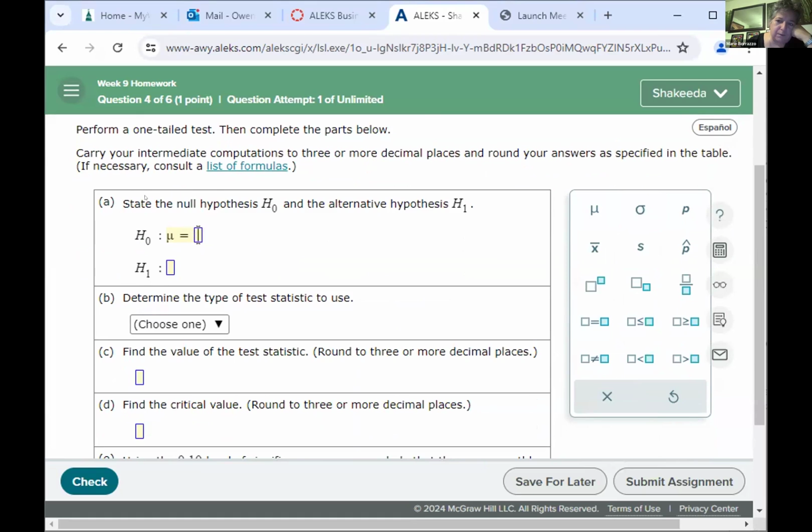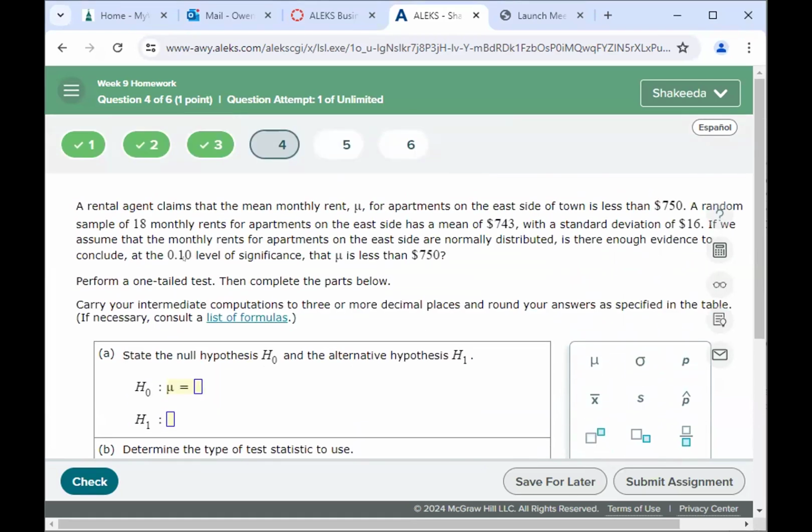Is it 750 or 743? 750. 743 is the sample size and your sample mean. 750 is the mean, the mu. Oh, so 743 is the sample mean? Correct. So that's going to be 750.